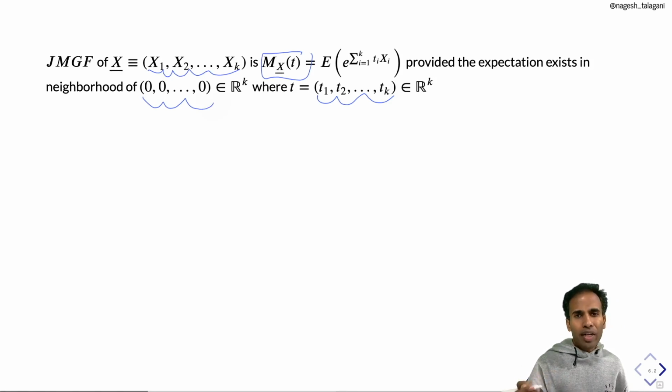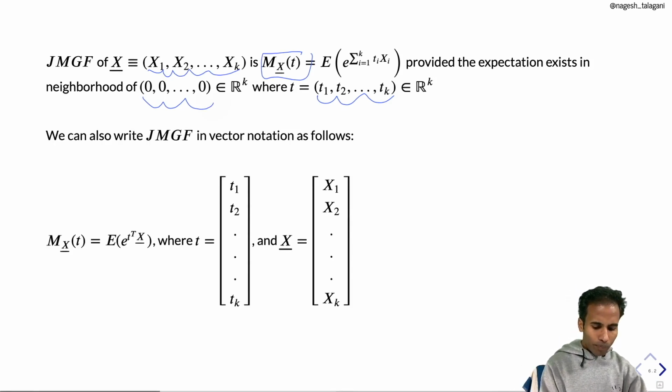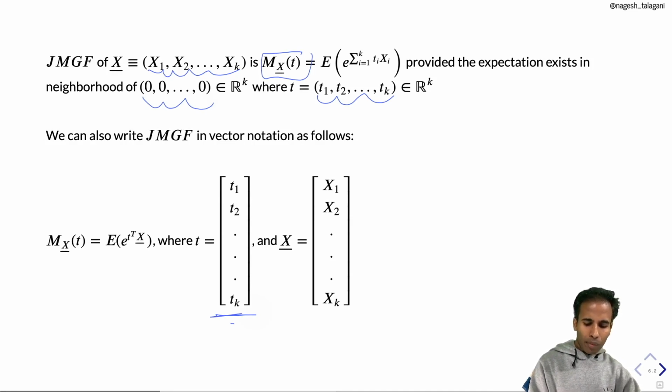We can also write this joint MGF in vector notation like this. So the joint MGF of X at t we can write as the expectation of e^(tᵀX), where t is this column vector, or you can say column matrix (t1, t2, ..., tk), where X is this column matrix, or you can say column vector (X1, X2, ..., Xk). Here this tᵀX is nothing but a dot product.